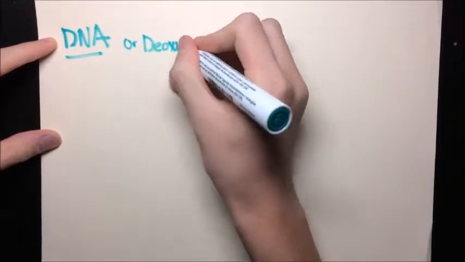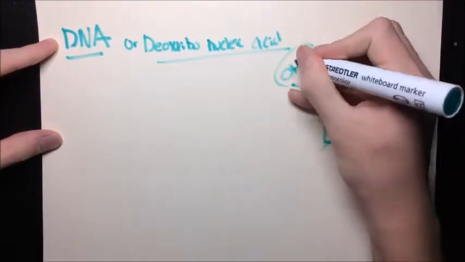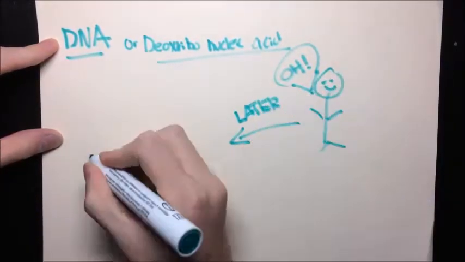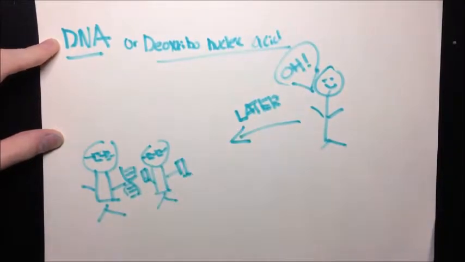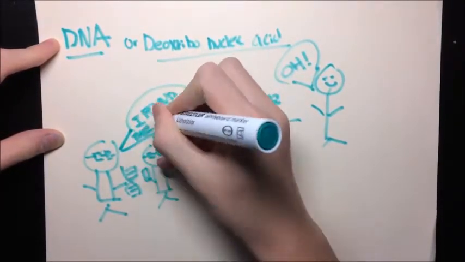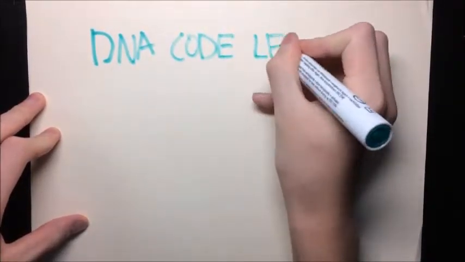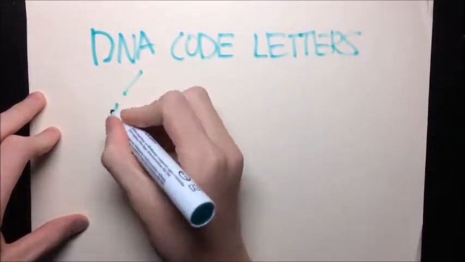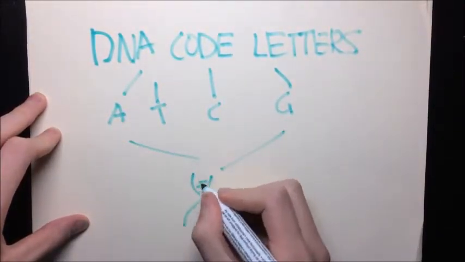Ever since DNA, or deoxyribonucleic acid, a complex molecule which guides the growth and development of organisms, was discovered, scientists have been researching it and unlocking the secrets to creating life. Through their research, scientists have found out that DNA is made up of four nucleotides, A, T, C, and G, that are paired to make up a code that creates the traits of an organism.